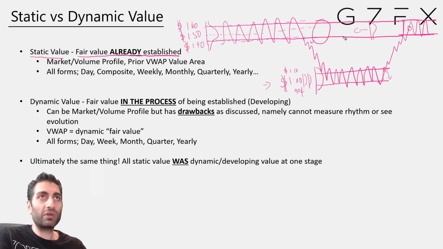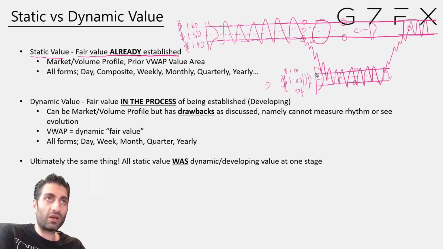But the crucial point is, do you see the value area low and the value area high, and I'm getting tongue-tied today, and the POC, point of control? They're fixed. They're not going to move. So I can develop my hypothesis around the value area low, the point of control, and the value area high, knowing it's not going to change, right?